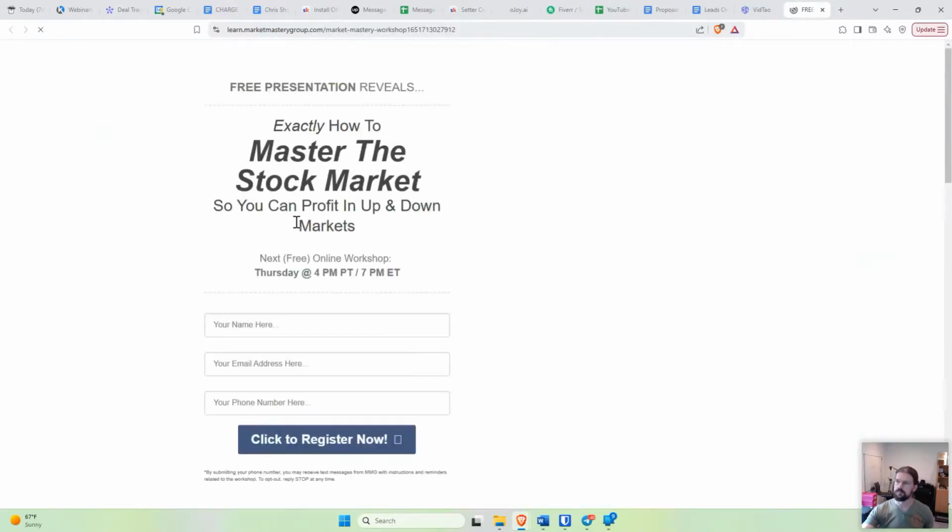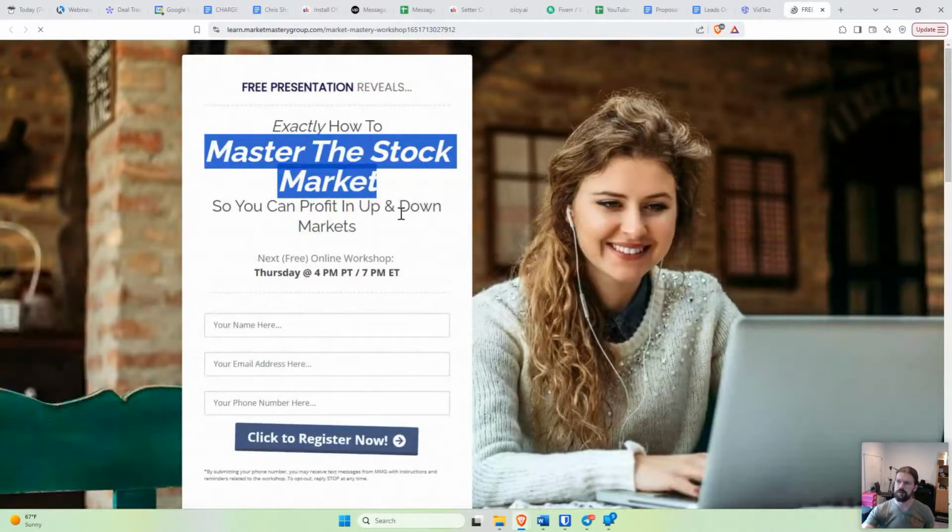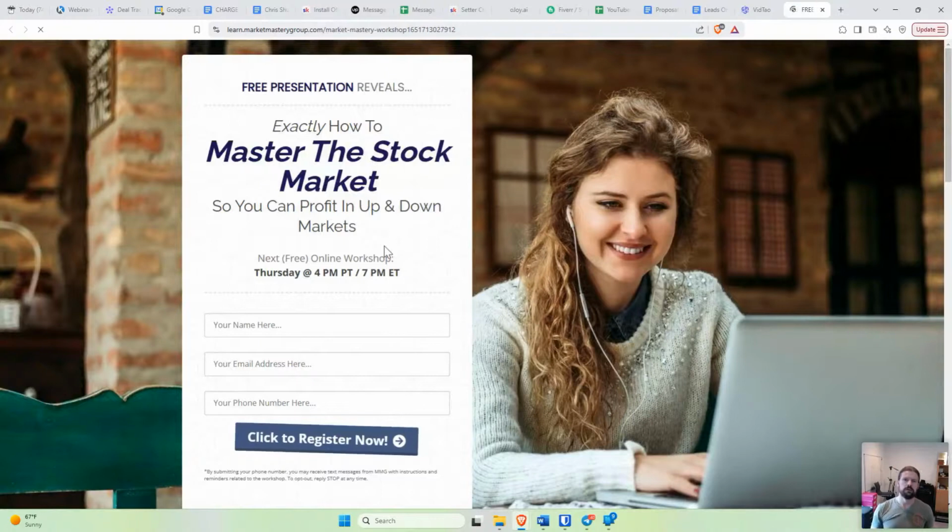And if I click on it, then I can see where the ad goes to. Okay, and so they're doing a free online workshop where it looks like they're going to teach you how to master the stock market, and they're going to teach you some cool stuff on the workshop. And at the end of the workshop, they're going to give you an offer to buy their course or to enroll in their coaching program, which you can pay them for, which you now trust them to do because you've learned some cool stuff from their workshop.